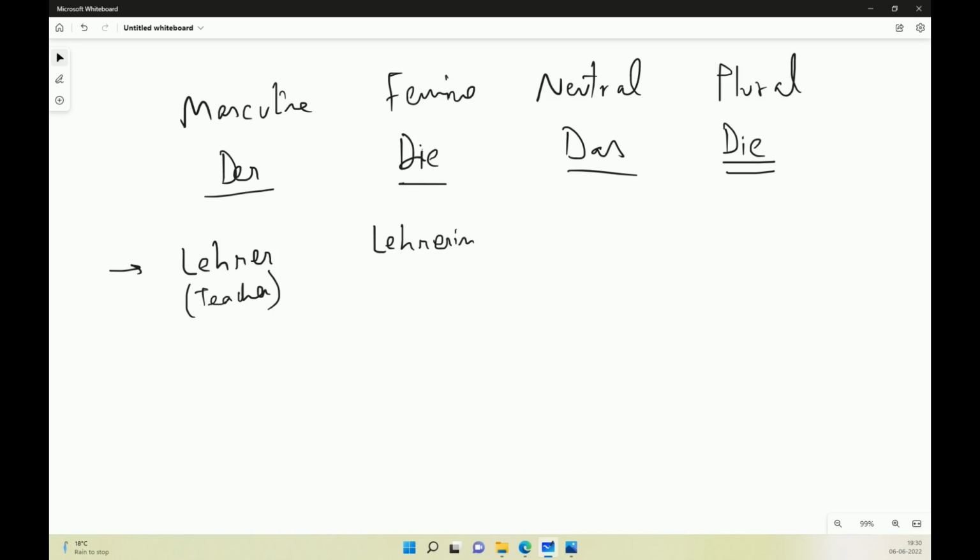So there is a little bit of logic also, because if it's a lady teacher, then it has to be die only. It has to be feminine. So 5% of logic also exists in this language. Normally languages don't follow any logic. And then if we talk about plural, then it is going to be only die Lehrer.